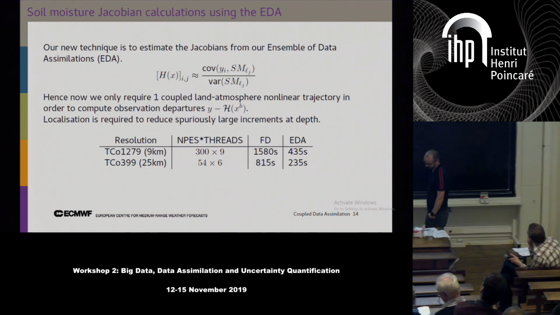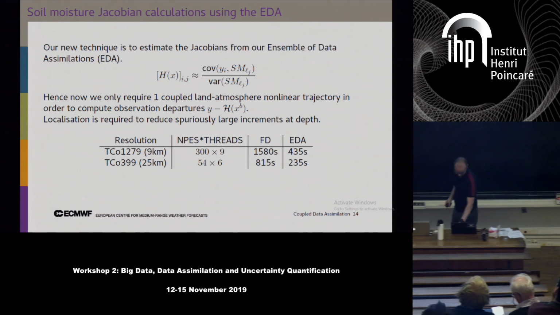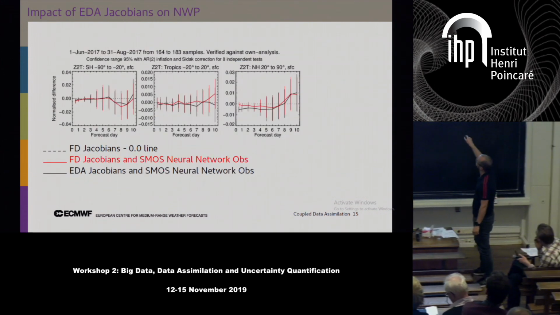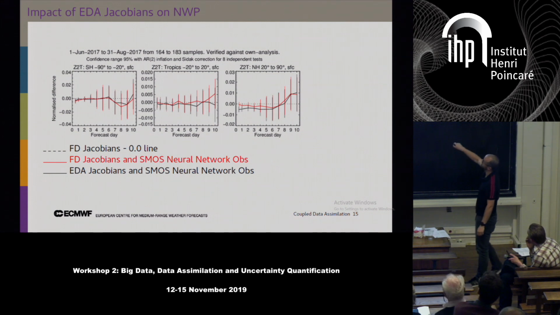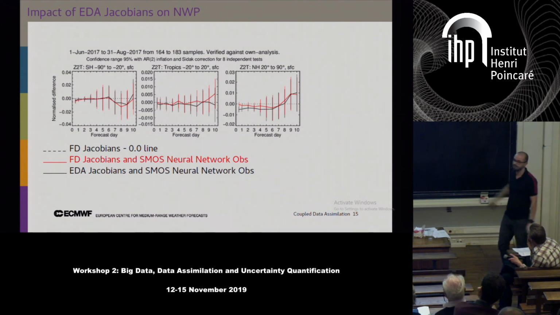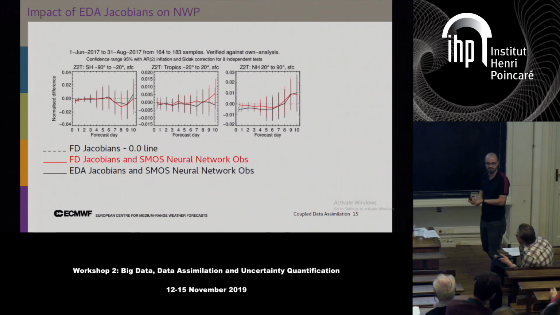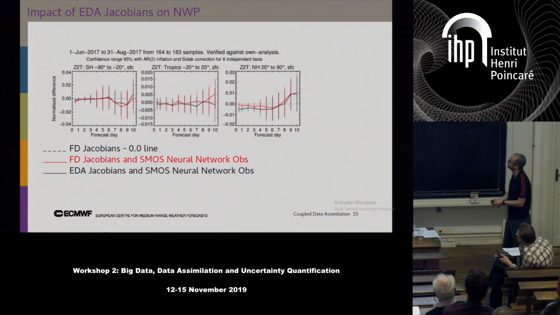So the result of that is you can basically ignore the red line, just look at the black line. Forecast scores, which are almost identical to what we had before. So what we're doing here is we're saving computational effort, and we're actually getting the same quality result. So that's really good.